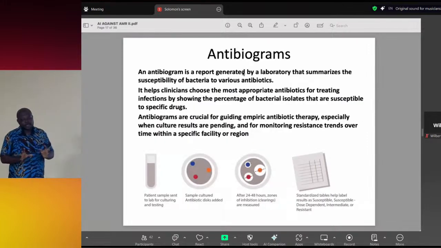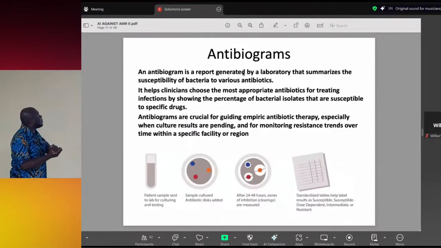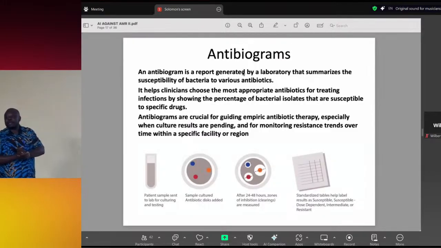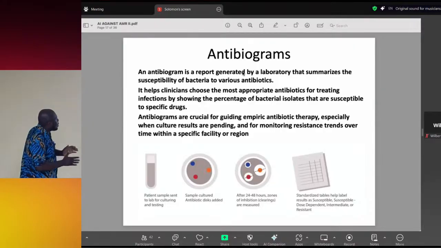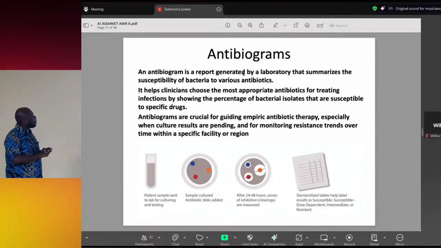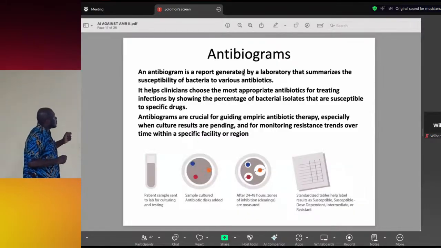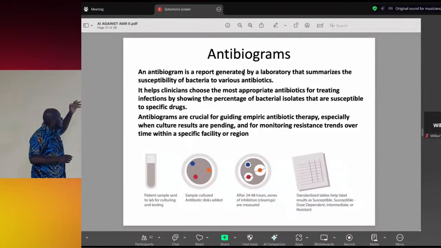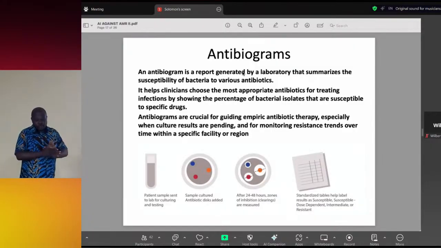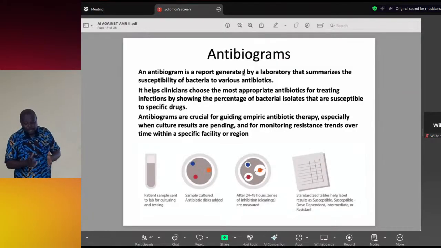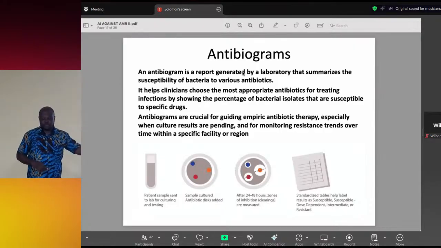Now let's try and understand what antibiograms are so that we'll appreciate it when I begin to discuss how we can use our machine learning models to handle these issues. So an antibiogram is a report generated by a lab that summarizes the susceptibility of bacteria to various antibiotics. It helps clinicians choose the most appropriate antibiotic for a disease. So what they do is someone comes, he's sick, we draw the blood, we take it to the lab.